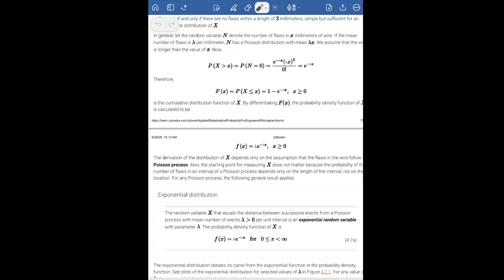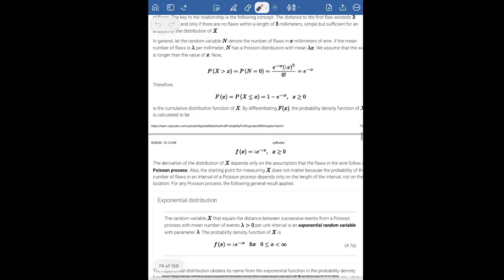So what this will give us is the probability of X being greater than that instance.